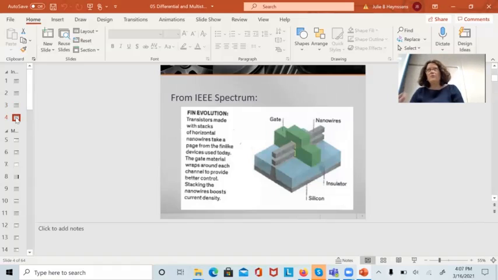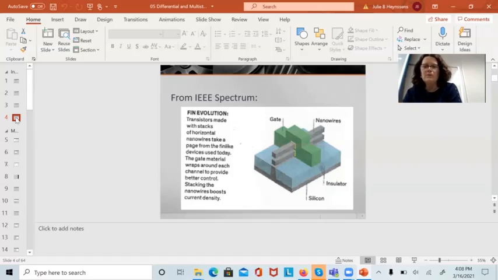This is Sedra Smith. I've had this conversation with Dr. Campos several times. Sedra Smith still uses planar transistors, and I was fighting that for a really long time. I wanted to upgrade this class and use FinFETs, because FinFETs is what everybody's been using for the past 5 years.